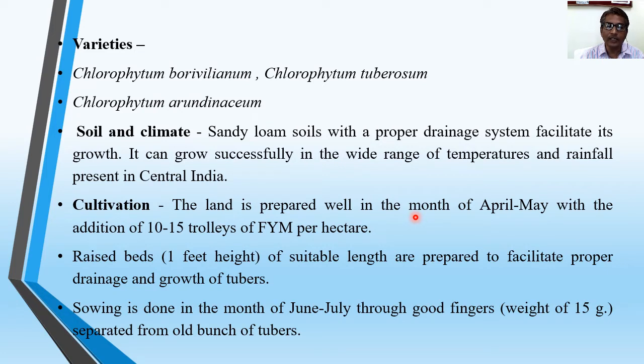Sowing is done in the month of June-July through good fingers separated from the old bunch of tubers. The beds that we have to prepare are somewhat raised, having 1 feet height.